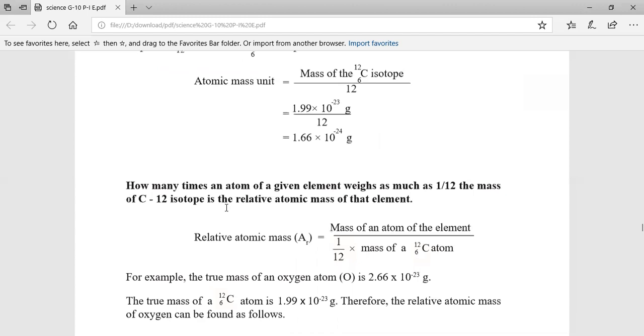How many times an atom of a given element weighs as much as 1/12 of the mass of the carbon-12 isotope is the relative atomic mass of that element. This is the definition.